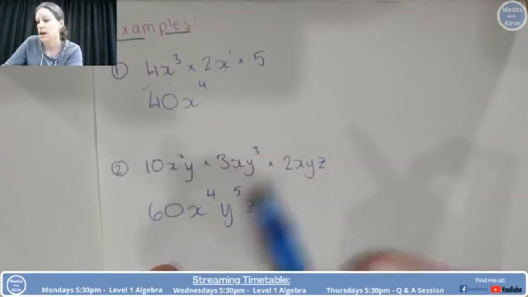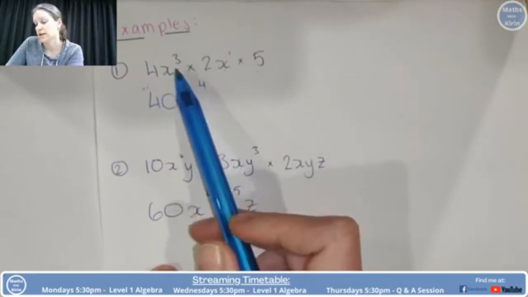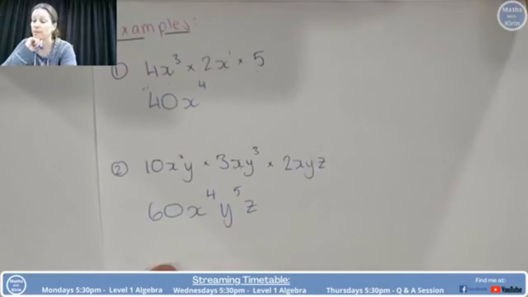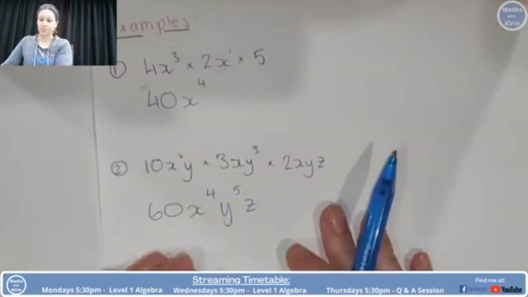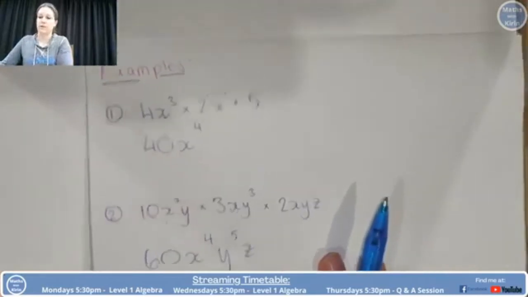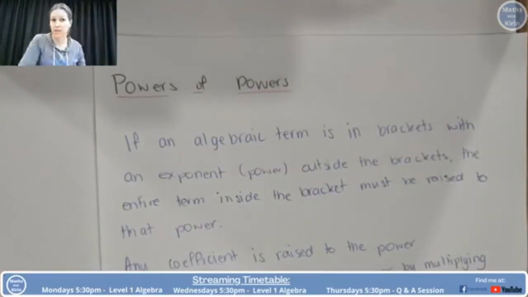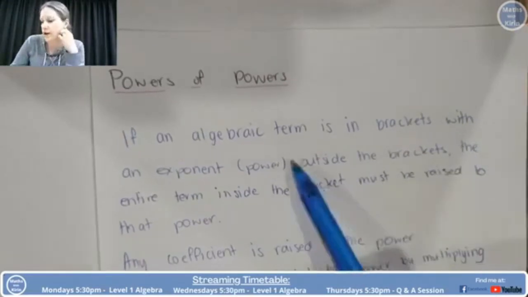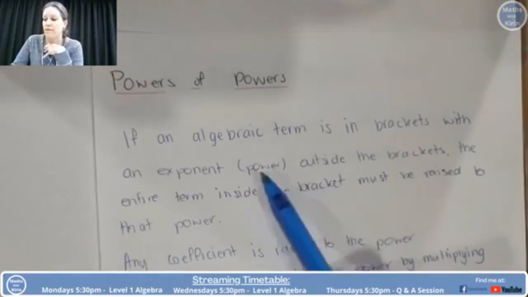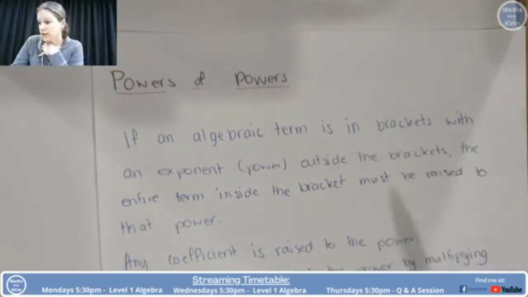Okay, so multiply out the coefficients, and then you just take each variable in turn, multiplying by adding those powers together. Okay, so from here we're going to look at powers of powers, because this is really multiplying as well. So when you see this, you'll have an algebraic term in brackets, and then you'll have a power, or sometimes we call them exponents, outside of those brackets.